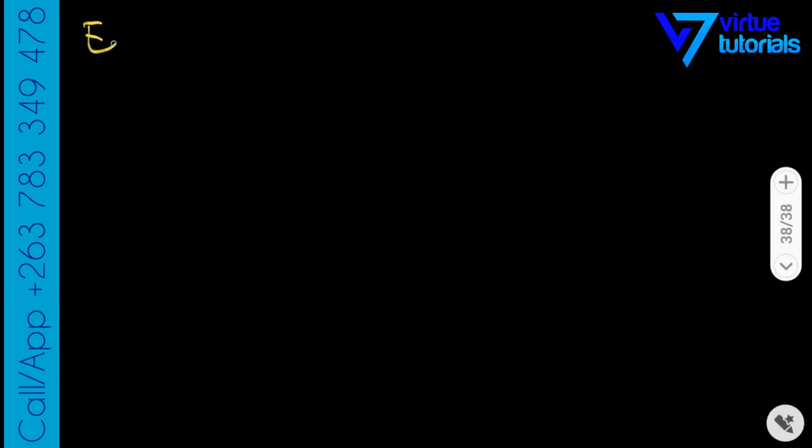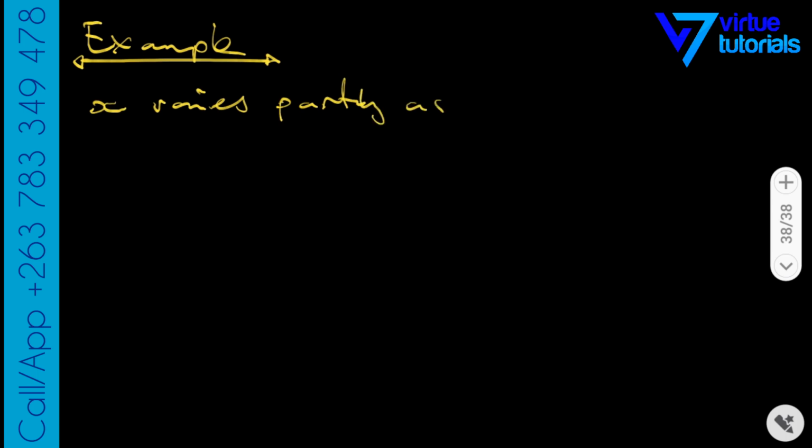Okay, another example on partial variation. We have here x varies partly as y and partly as z, right?